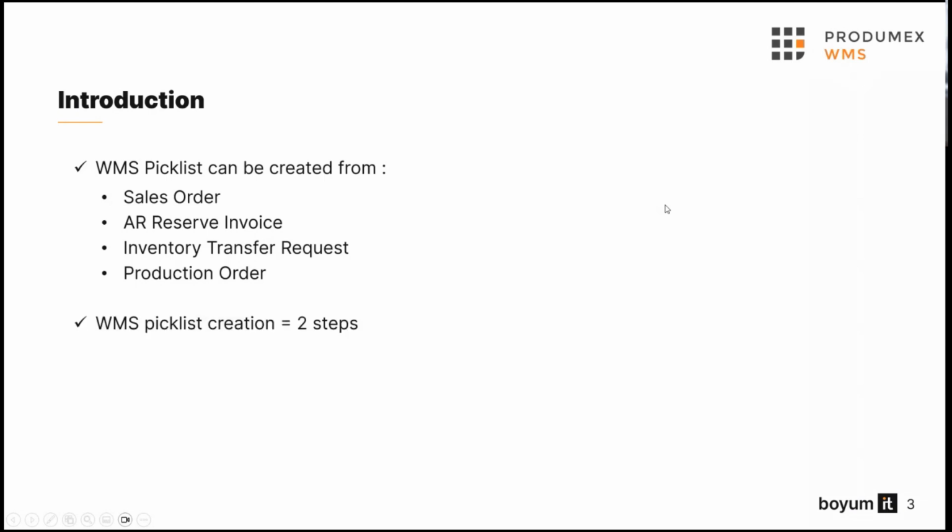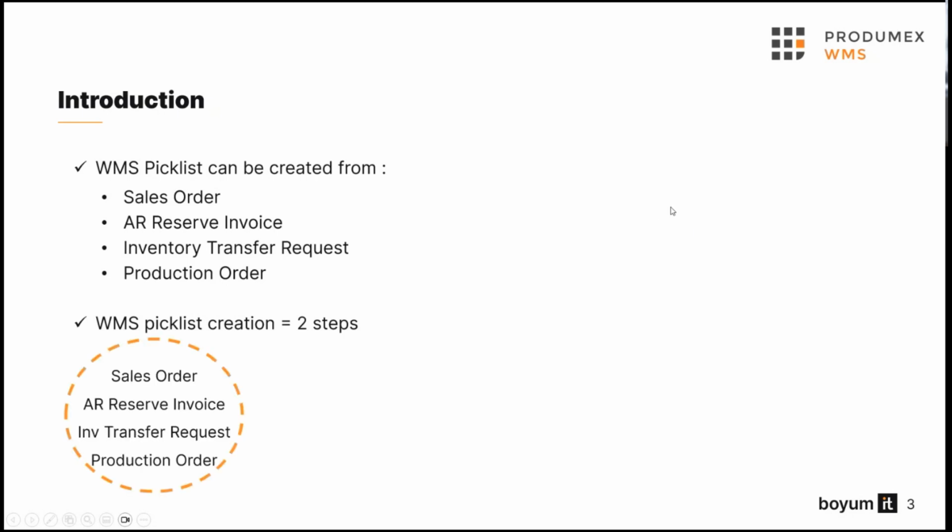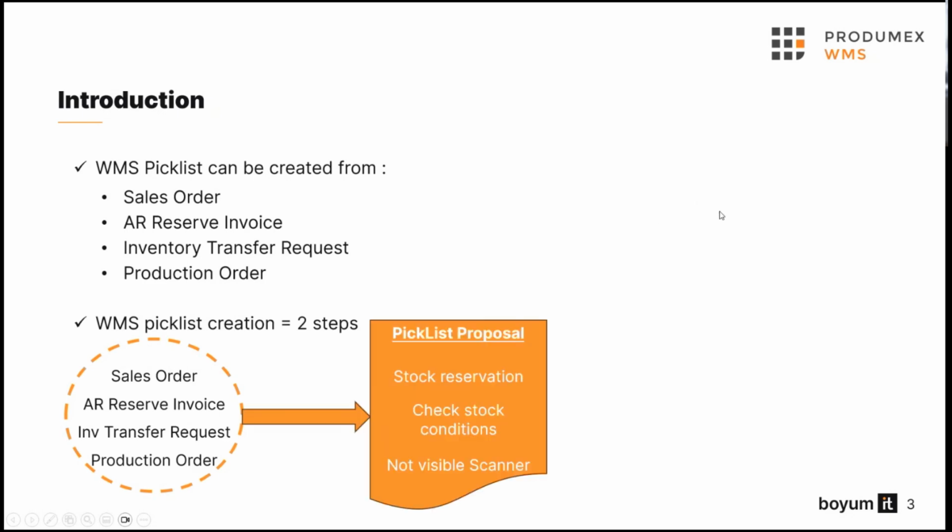The pick list creation in WMS has to be done in 2 steps. From the base document, the first step is to create a pick list proposal. The consequence of the proposal is a stock reservation.